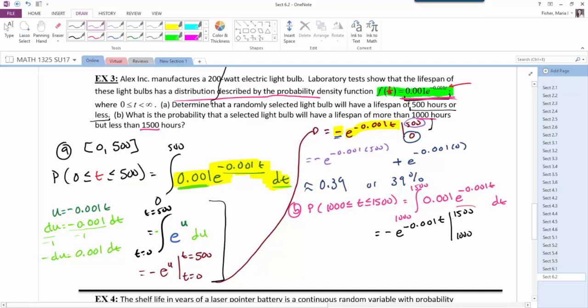So then plug in your upper limit of integration. So we're looking at the negative of e raised to the negative 0.001 times 1,500. Plugging in your lower limit of integration, so minus, but minus a negative is plus, and then we're looking at e raised to the negative 0.001 times 1,000.